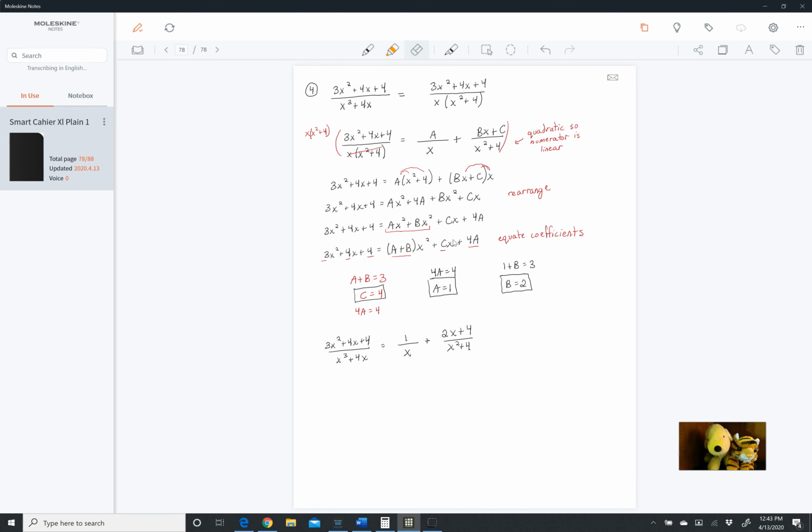So in the future ones, let's not solve for the constants, okay? So we're not solving for the constants anymore. We're just doing denominators.